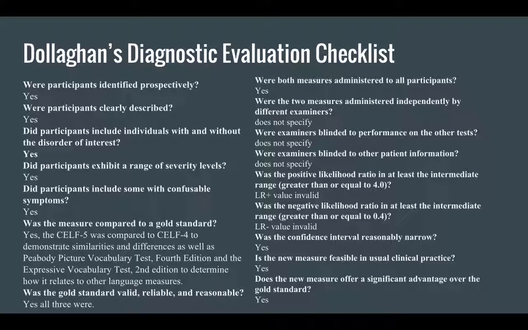So first of all, the CELF-5 was compared to the CELF-4 to demonstrate similarities and differences, as well as the Peabody Picture Vocabulary Test, 4th edition, and the Expressive Vocabulary Test, 2nd edition, in order to determine how it relates to other language measures.